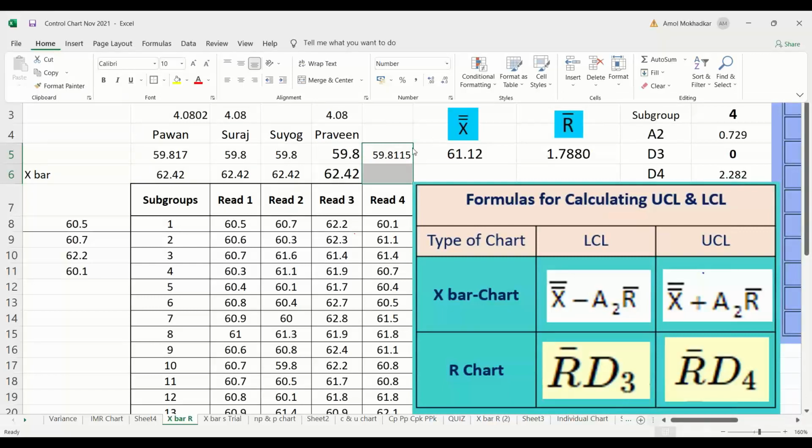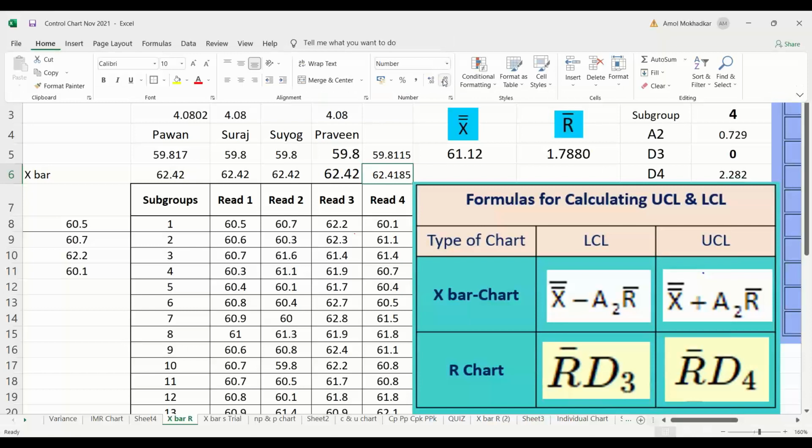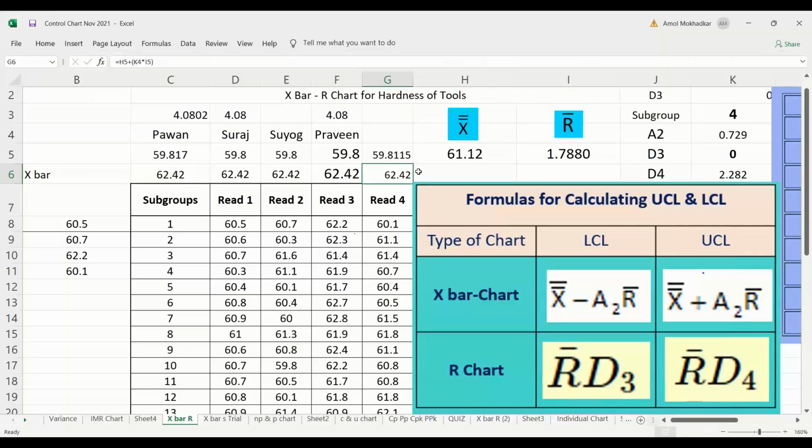So it will be 59.8115, some difference here and there must have come. So you can say 59.81 is the right answer, or 59.8 is the right answer. Then X double bar plus A2 into R bar is 62.41, 62.42. If I change the decimal places, it is 62.42. That is the correct answer. So it's okay.